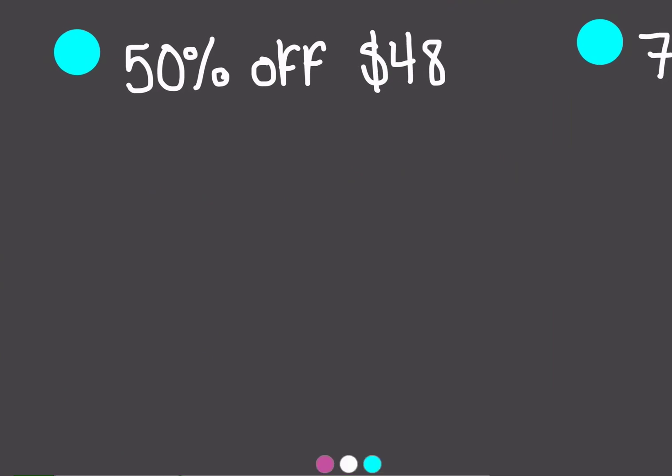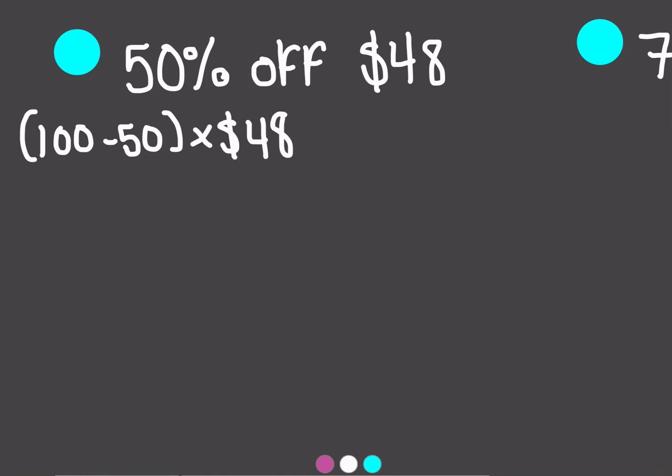You're going to set it up with 100 minus the percentage you're taking off times the original price divided by 100. Notice that dividing by 100 was probably the easiest part of the whole thing. I'm going to do what's in parentheses first. 100 minus 50, which is 50.